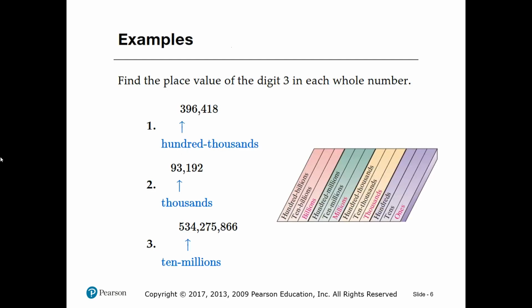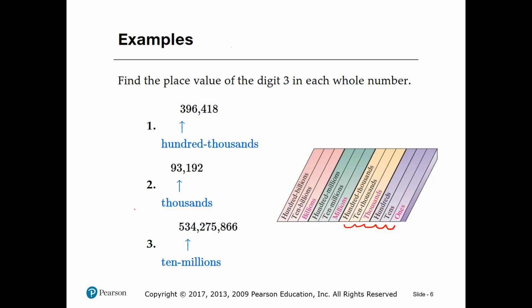Okay, now we're going to take a look at some examples. It says find the place value of the digit 3 in each whole number. So this number is 396,418, and we're looking at the 3. So that's the 6th number over from the right. So let's count that. That's going to be ones, tens, hundreds, thousands, 10,000s, 100,000s.